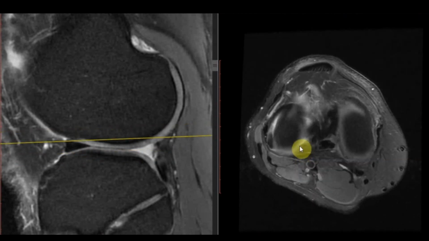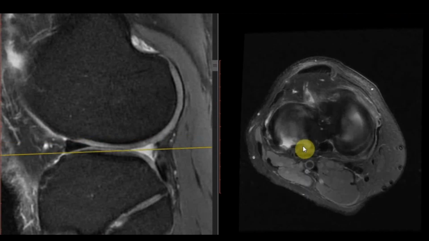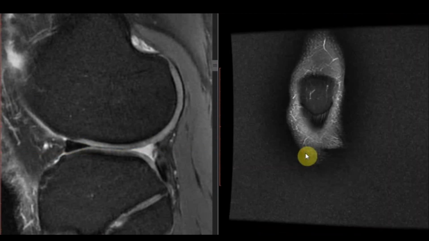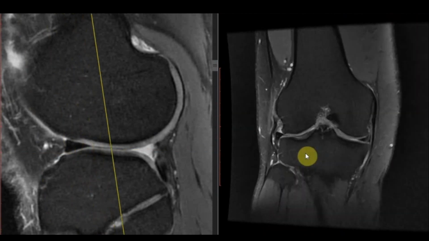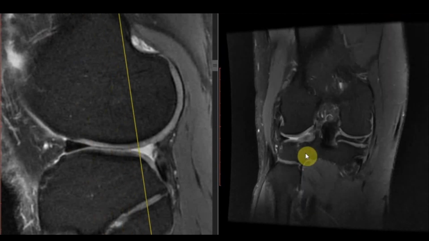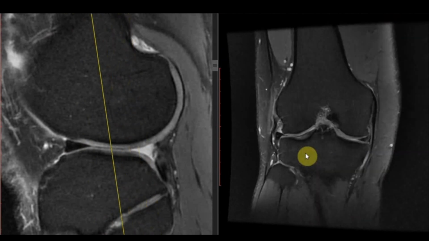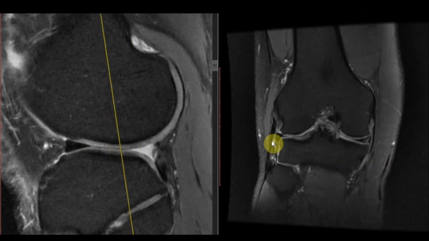This is the root attachment of the lateral meniscus, which is intact. But because of this radial tear, this meniscus has become unstable, and it has extruded out of the joint. So there is a radial tear involving the posterior horn of the lateral meniscus, plus there is meniscal extrusion.